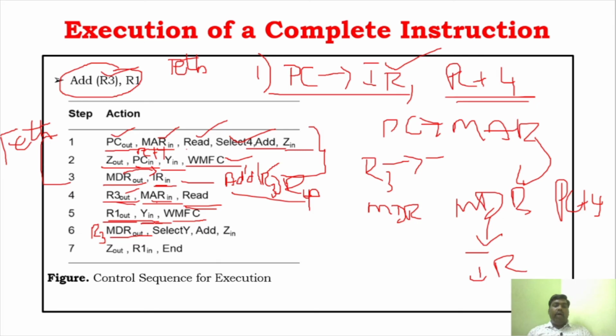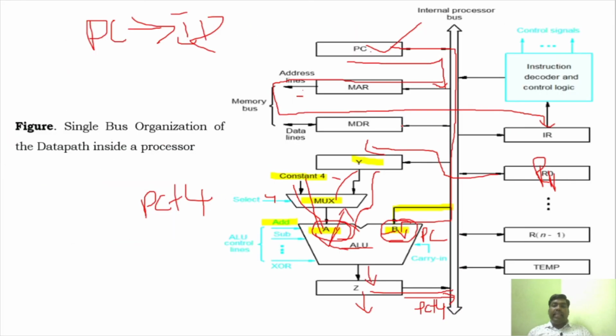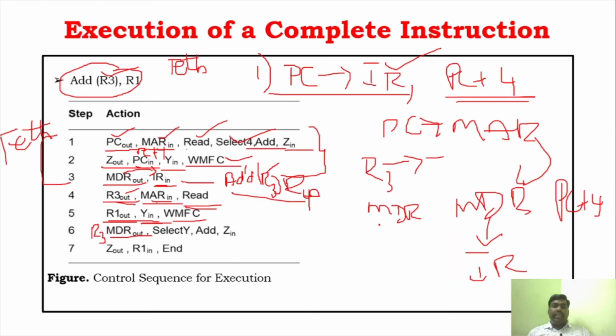Now you understand that one input has already reached the A: the content of R1 has reached the A. Now R3 is in MDR, so it sends to the internal bus and it is sent to the B. You can see here it is sent to the B. That is not represented here, but from MDR it reaches the B.